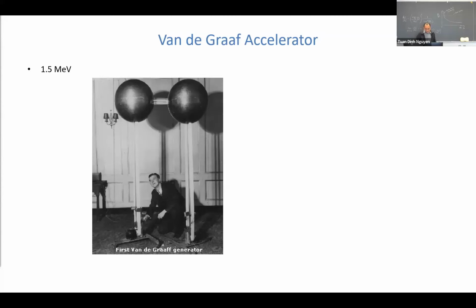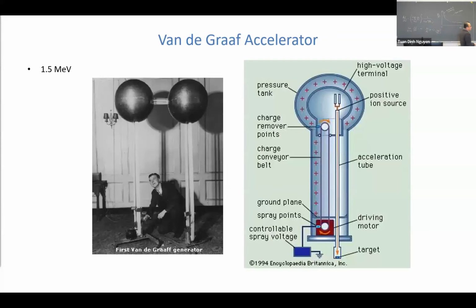He showed them, and he wanted to make an improved version, and he asked for $100 to make it. He had some difficulty getting $100, but eventually did, and he got a bigger one. This is the bigger one, 1.5 MeV electrons, and you all know the principle of this, right?